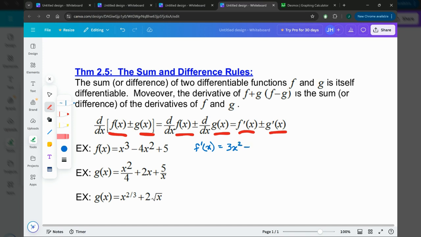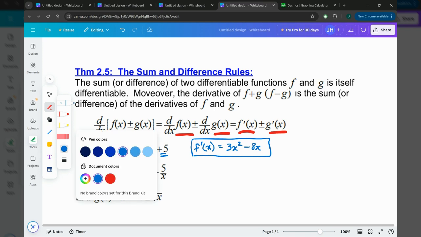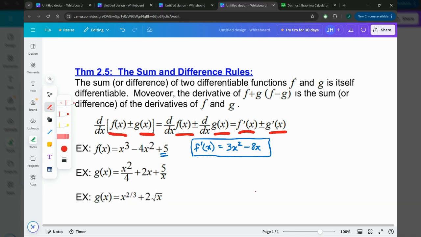The second term would be bring the 2 out front and multiply, subtract 1 from the exponent. And what's the derivative of a constant? The derivative of the 5 is 0. Now, most of the time, we're probably not going to write the 0. So here's my derivative. F prime of x equals 3x squared minus 8x. And that is the derivative at any point on the curve.